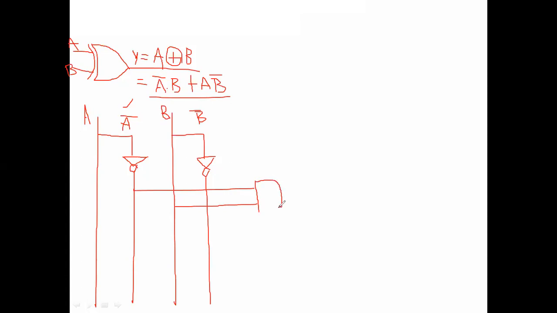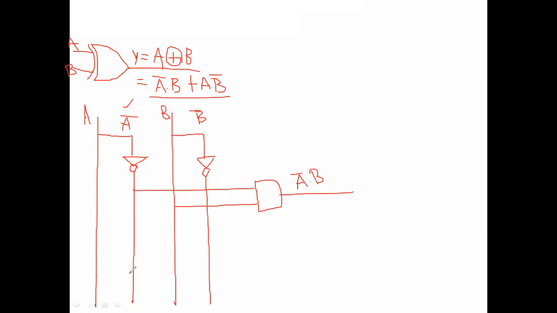So A bar dot B means here the AND gate is used. We know the symbol for the AND gate. This is the symbol for the AND gate. So this is A bar dot B. Next, A dot B bar.